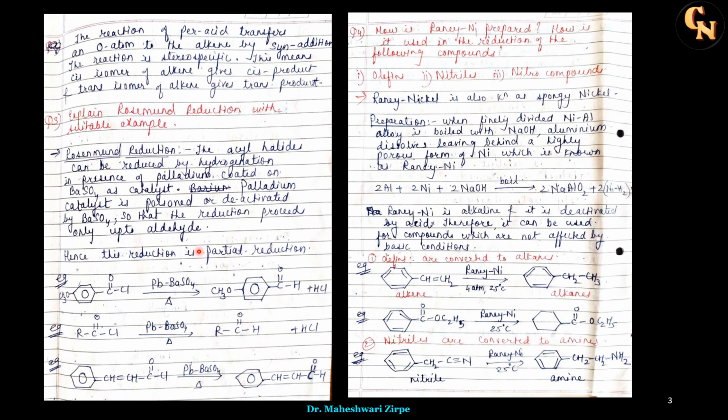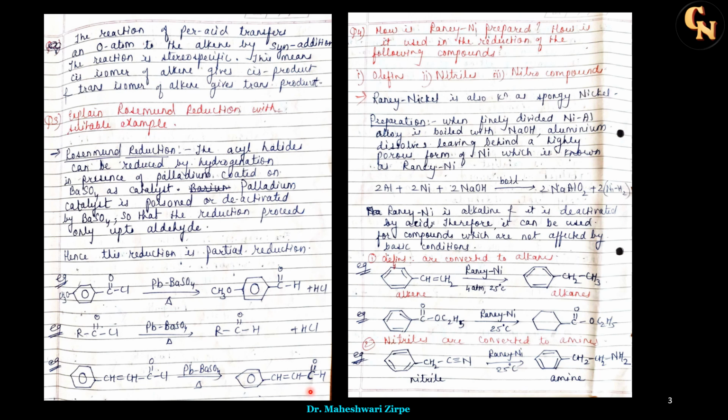Now why is it called partial reduction? Because in the next example, if you see, there is a double bond as well as acyl chloride: a benzene ring, CH double bond CH, C double bond O Cl, with barium sulfate and palladium. Here you will find that the double bond is not reduced, only the acyl chloride has been reduced to aldehyde. The double bond is intact with the reagent.